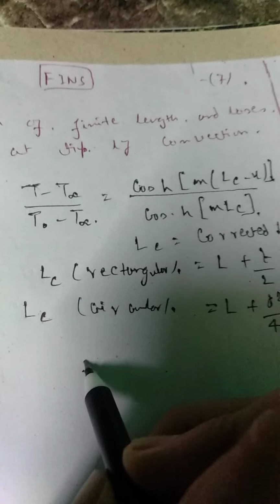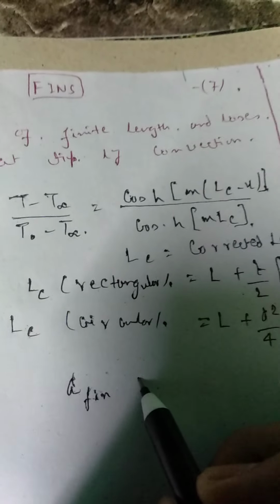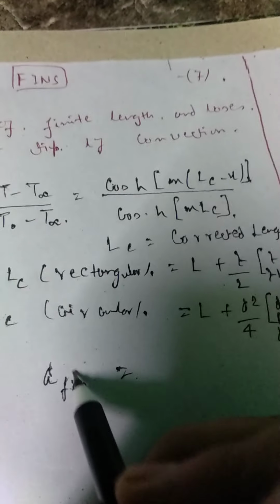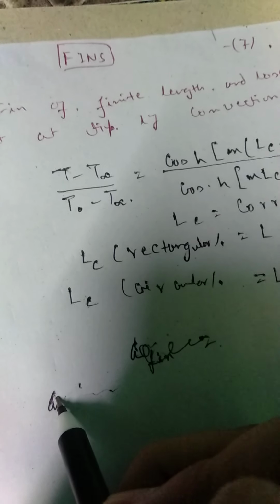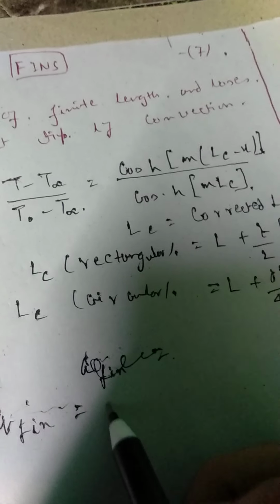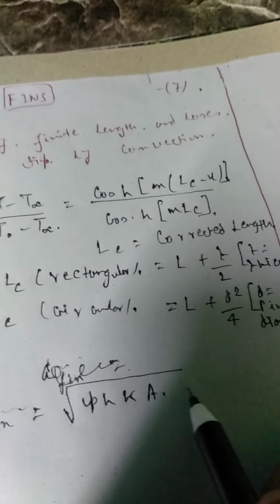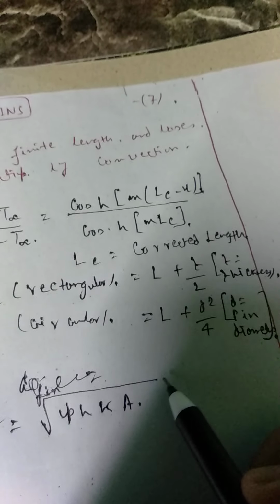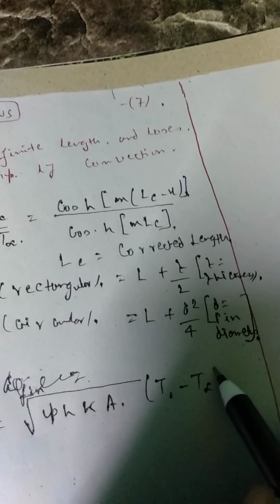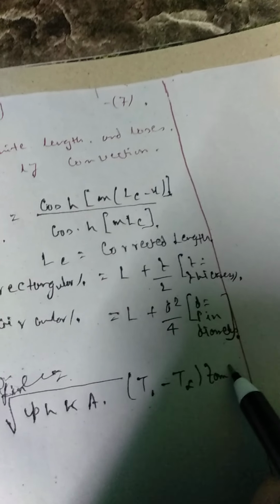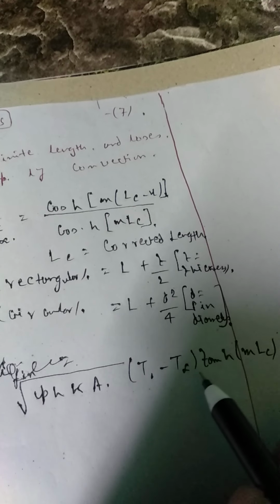Now the heat conduction through this fin, see over here, is equal to root over P h k A into (T naught minus T infinity) into tan hyperbolic m Lc, where Lc is the corrected length.